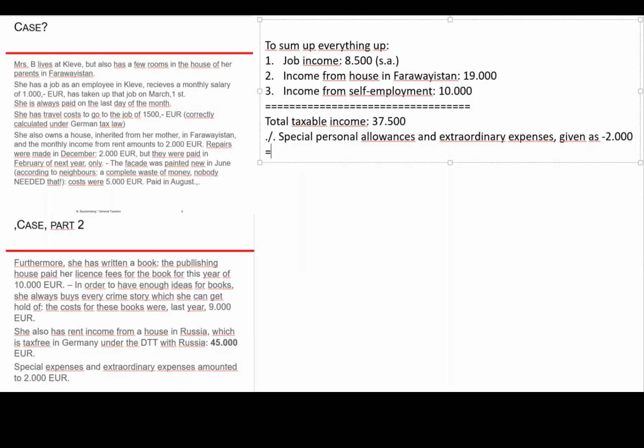So we end up with final total taxable income, in German zu versteuerndes Einkommen, 35,500.